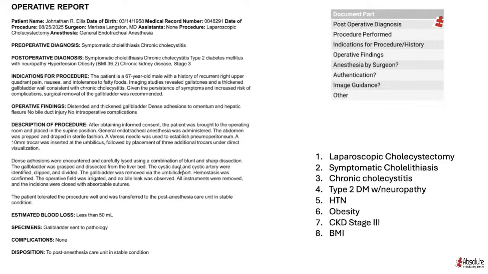All right. So on the bottom right, these are my keywords that I pulled out. And I'm going to get my little pointer just for a moment. And we have a laparoscopic cholecystectomy. We have symptomatic cholelithiasis, chronic cholecystitis, type 2 diabetes mellitus with neuropathy.